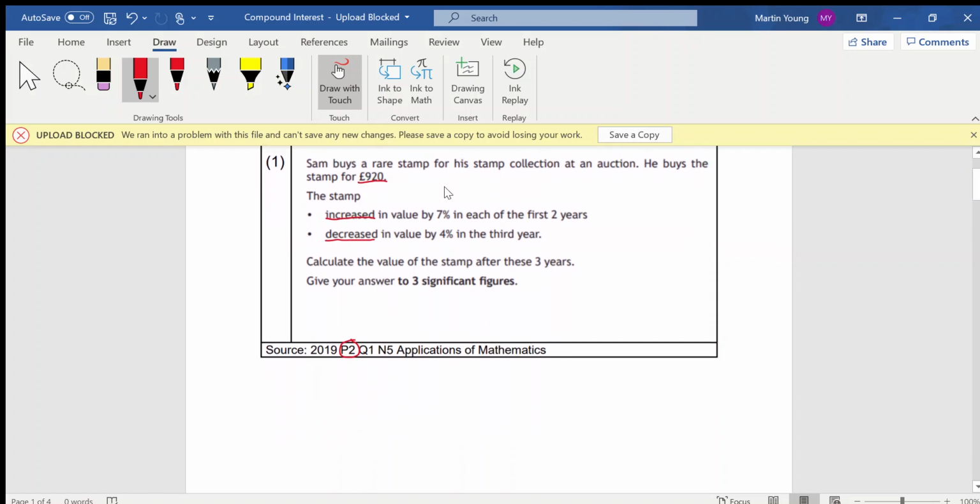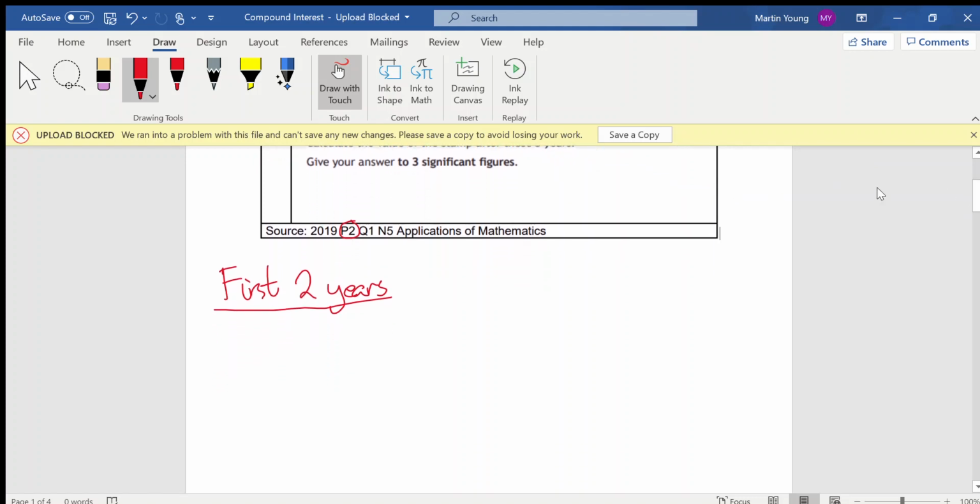Step number 1, for the first 2 years, it's increasing by 7% for 2 years. So what we can do for that one is use a quick method for compound interest, and what that is, is working out a multiplier using the percentage, using the years as the power, and then multiplying by the original amount. So first things first, let's find what the multiplier would be.